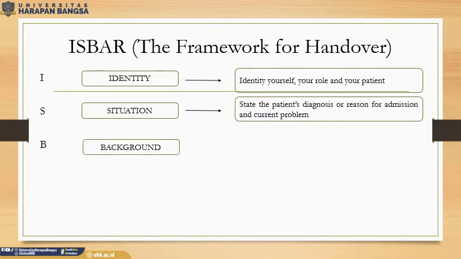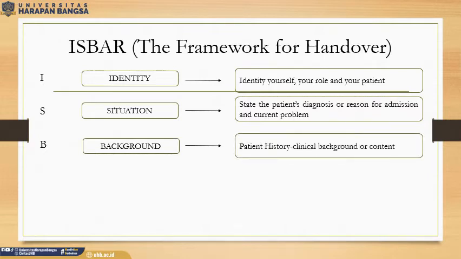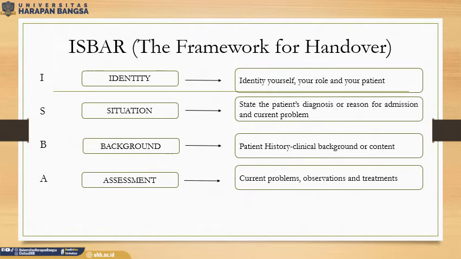And then B for background. You have to know your patient's history or clinical background or context. A for assessment. And here you have to know your patient's current problems, observations, and treatments.